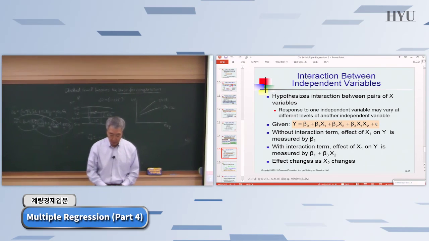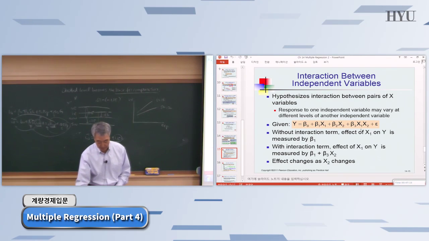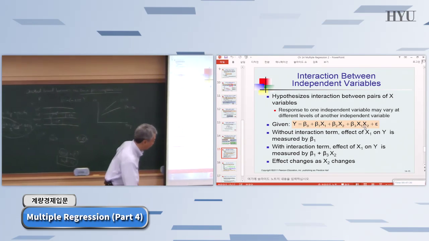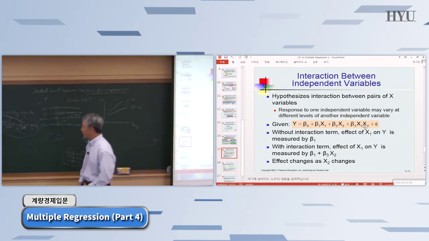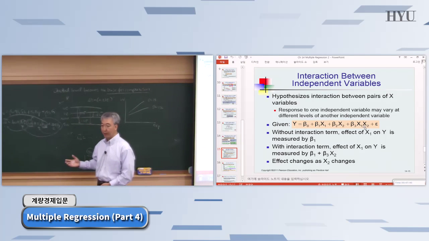So if you suspect any interaction between x1 and x2, you will create an interaction term by multiplying these two variables and include it in the regression equation. All right? So once you create the interaction term, the rest is the same. You just run the regression.